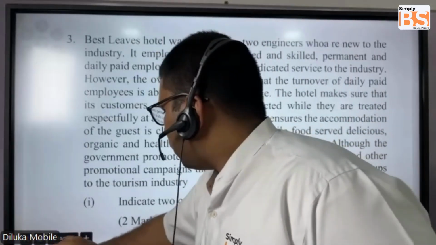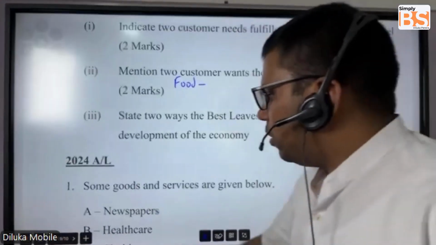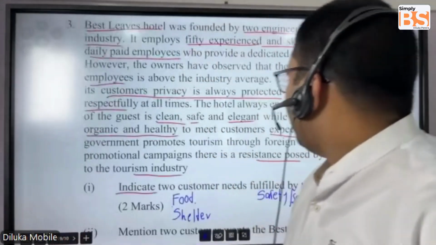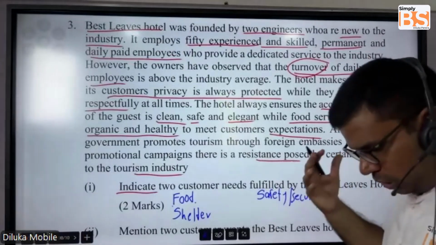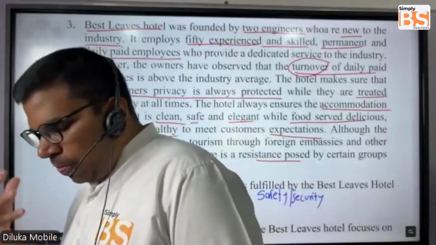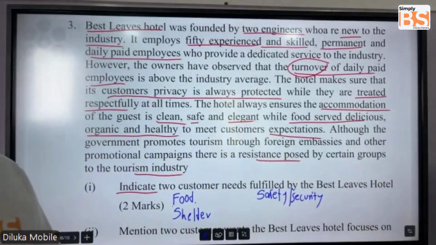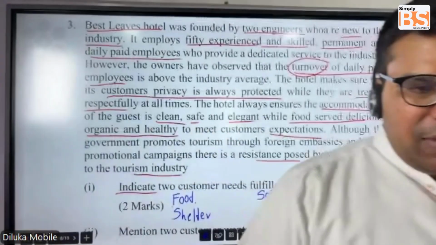And here you go. If you take food, food is a need, but it could be satisfied in different ways. Those are called wants.